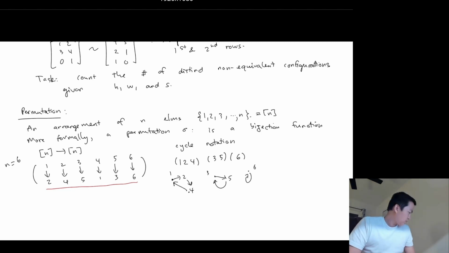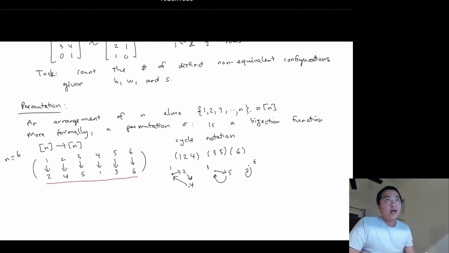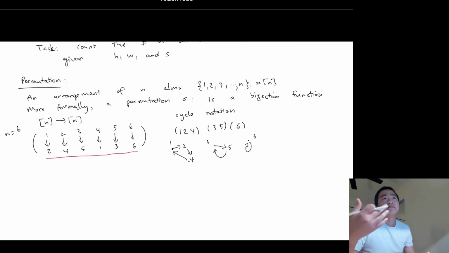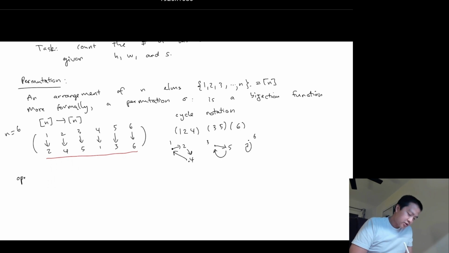Now, why do we care about permutations? It will be a bit clearer, but let me define another thing. Okay, so permutations are just functions that rearrange n elements. We define the following operation. Let's say sigma and pi are permutations on n. Okay.